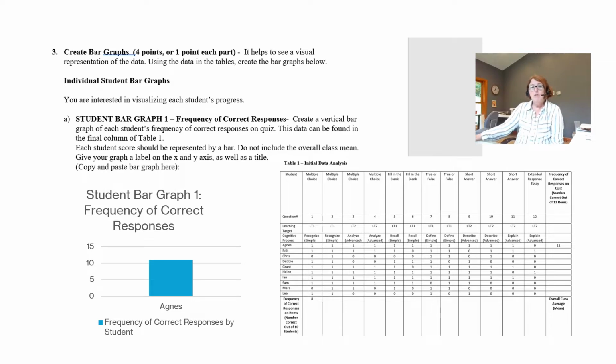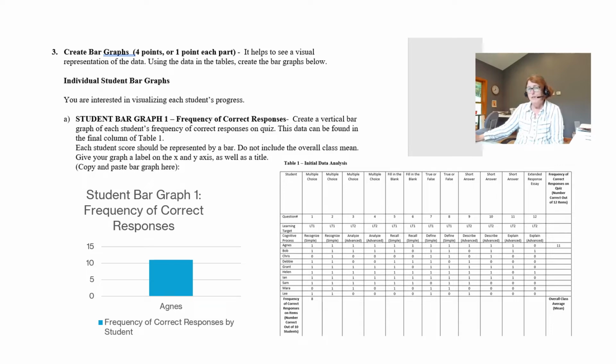So part 2 picks up with a section that asks you to create a series of bar graphs. The purpose of the bar graphs is to take the data that you analyzed in part 1 and be able to pictorially represent it so you can see the patterns and trends that will pop out.